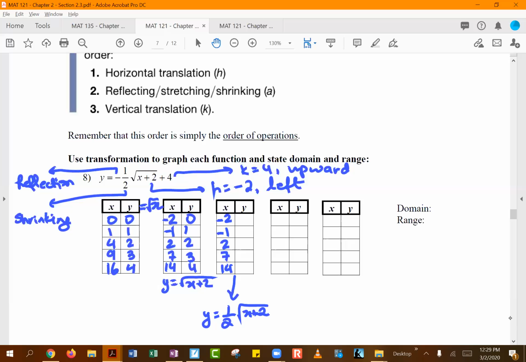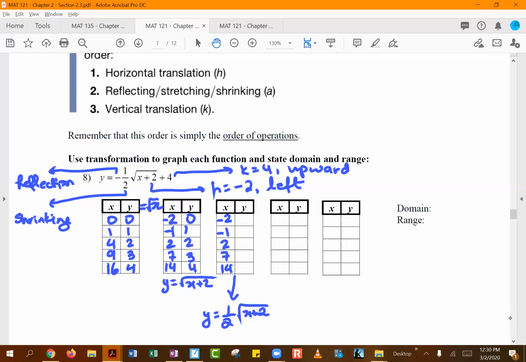And now we're cutting it in half because of that shrink, which is going to happen on the y values, because it's y equals 1/2 of this, and we already have the value for square root of x plus 2. So you're just taking all of these y values and multiplying by 1/2. That's just because of the order in which we have to solve it, right? Exactly. Right, very good.